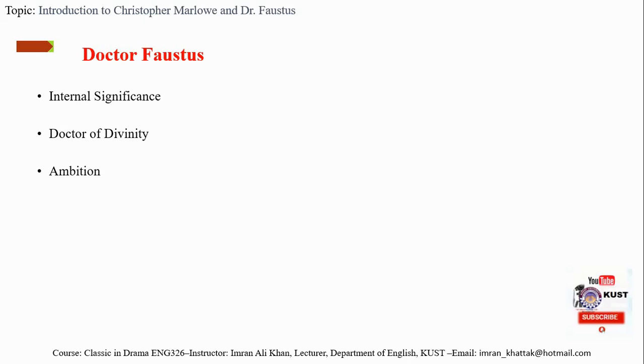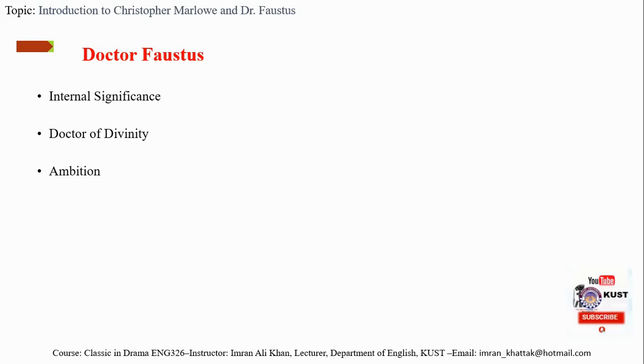He has an ambition to have more knowledge, to have more things at his command. That is why he says, "Yet art thou still but Faustus and a man." When he thinks about divine knowledge, he says, "Divinity adieu."